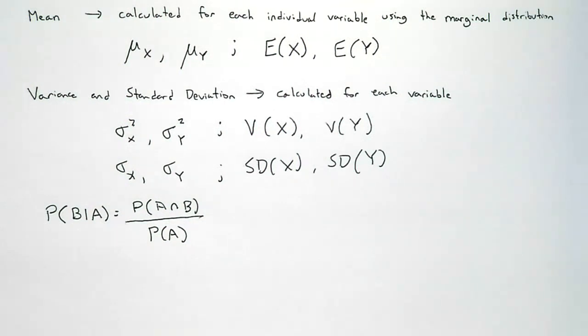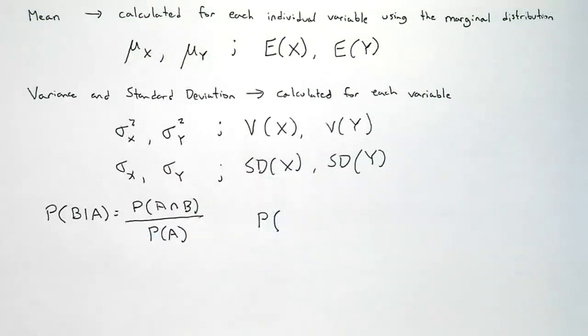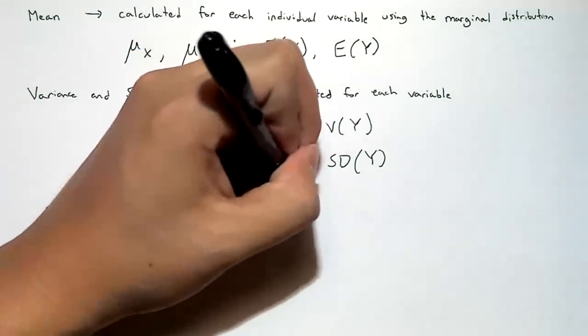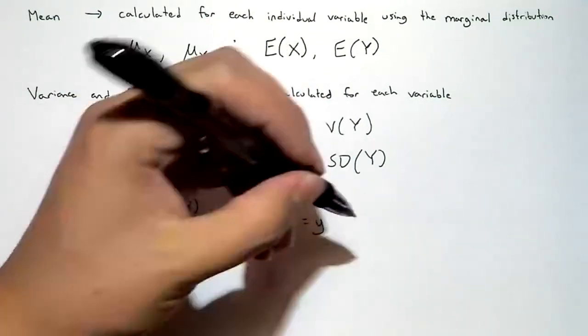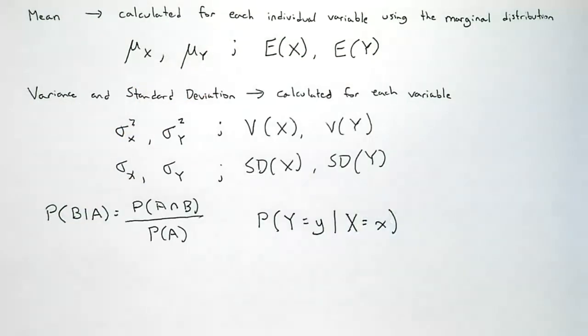In this case, the probability of B given A can be taken as the probability of one variable given that another variable has already occurred. In other words, we can look at this conditional probability as the probability that y equals some value, given that x already equals another value.